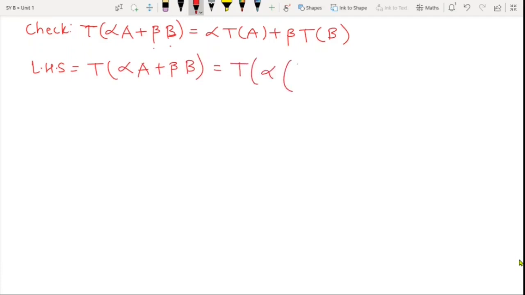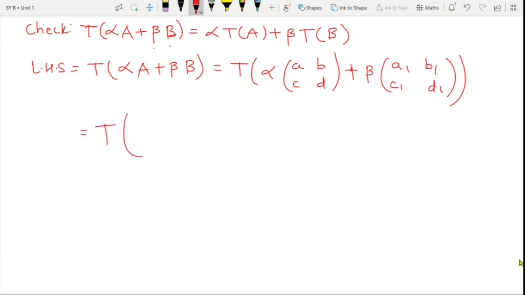So T of alpha, my A is A, B, C, D plus this beta as it is, my matrix B is A1, B1, C1 and D1, which is further equal to T of, now simply putting this alpha inside, beta inside and adding these two matrices, we will get alpha A plus beta A1, alpha B plus beta B1, alpha C plus beta C1, and alpha D plus beta D1, right?